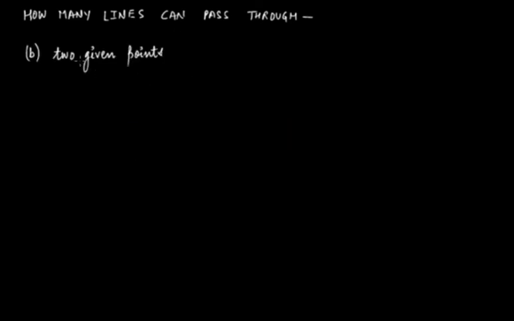And the next question is about two given points. Let's say you have two points, this point P and this point Q. The question is how many lines can you draw passing through these two points. The line should pass through both these points. The answer is you can draw only one line.